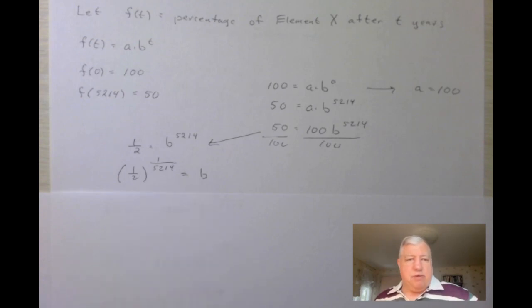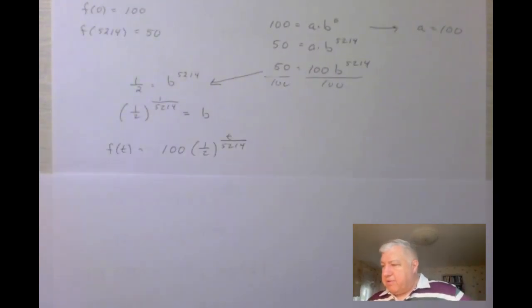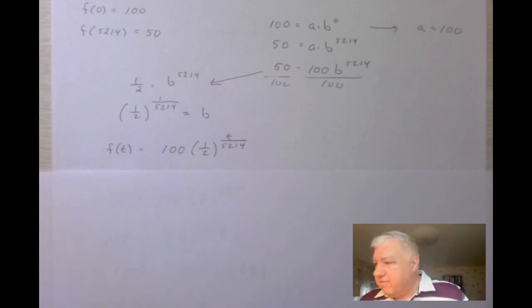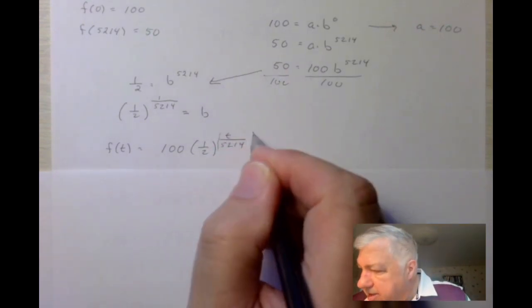I'm not going to enter this into my calculator just yet, because it might be too small for the digits to be significant. I'm just going to leave it there and substitute, writing it this way: f of t can be written as 100 times 1/2 raised to the t divided by 5214, and this whole thing is the exponent.